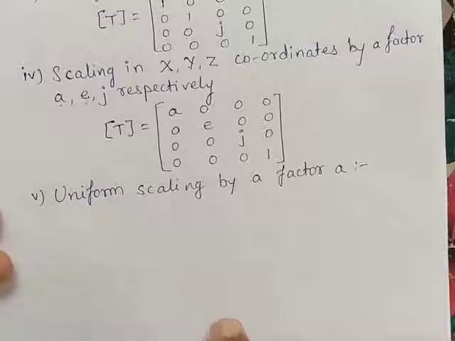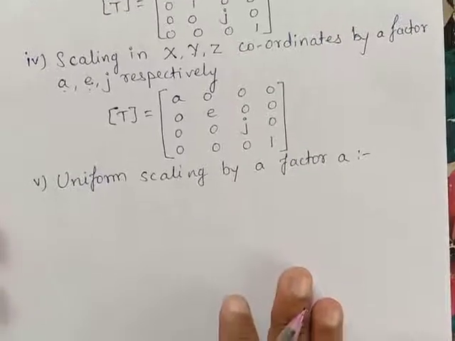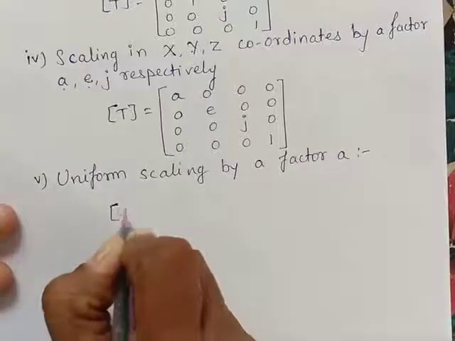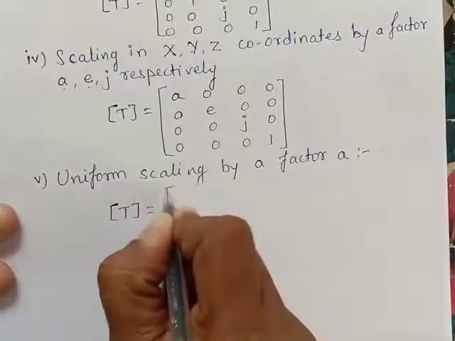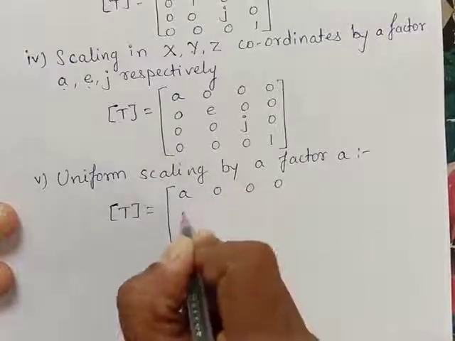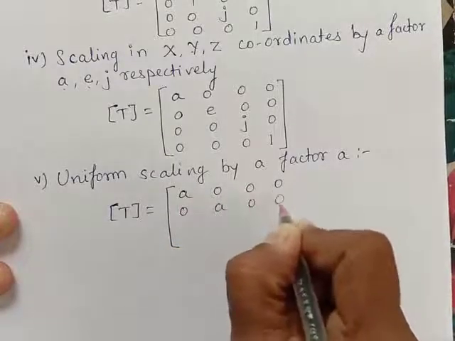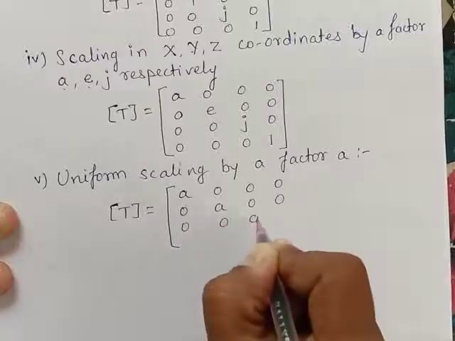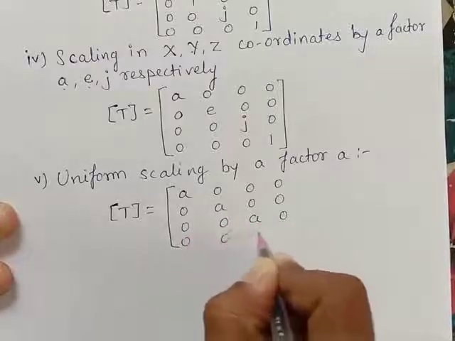So the matrix for transformation is A 0 0 0, 0 A 0 0, 0 0 A 0, 0 0 0 1.